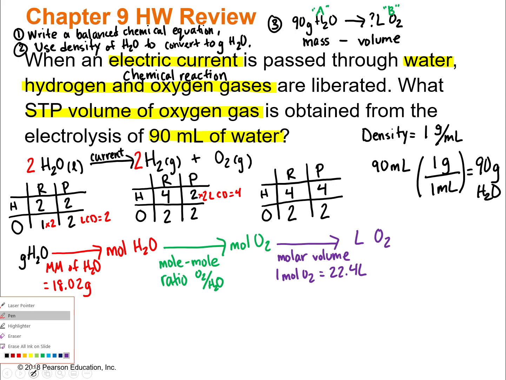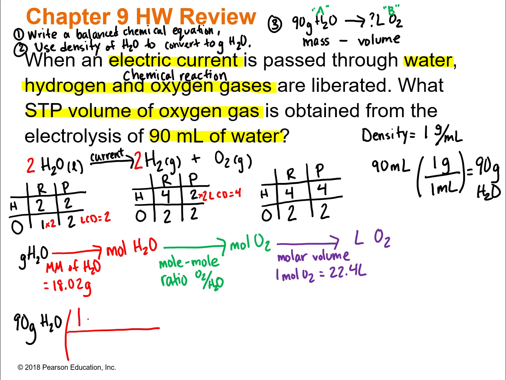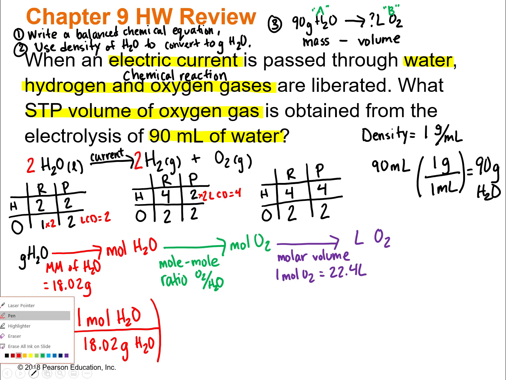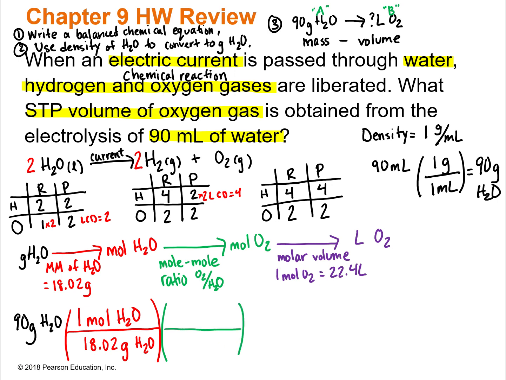Now let's actually put the numbers in. We've got 90 grams of water to start with. We'll handle converting to moles first. Then we have to write out the mole-mole ratio.